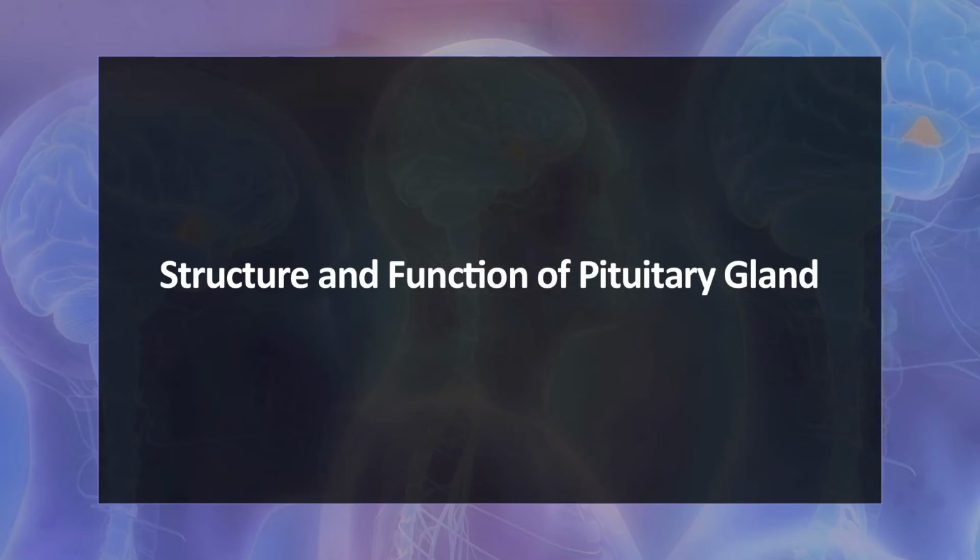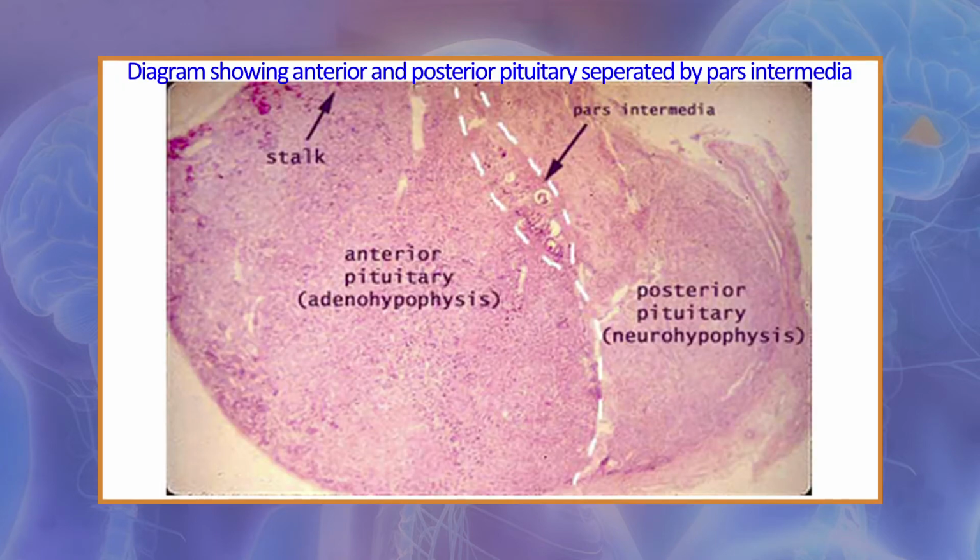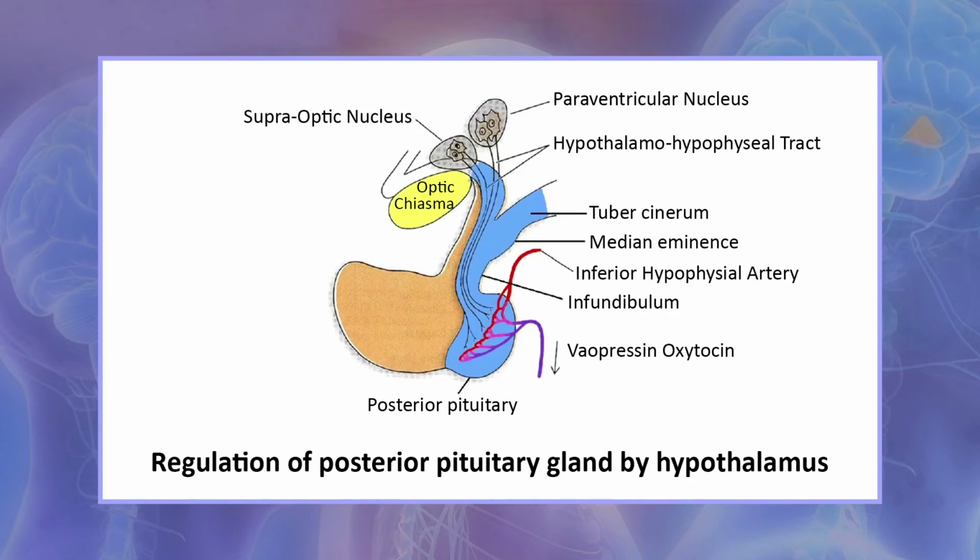Now, let us have a look on the structure and function. The anterior pituitary lobe is also known as adenohypophysis, while the posterior lobe is alternatively called neurohypophysis. That is connected to the median eminence of the hypothalamus by the pituitary stalk, also known as infundibulum.